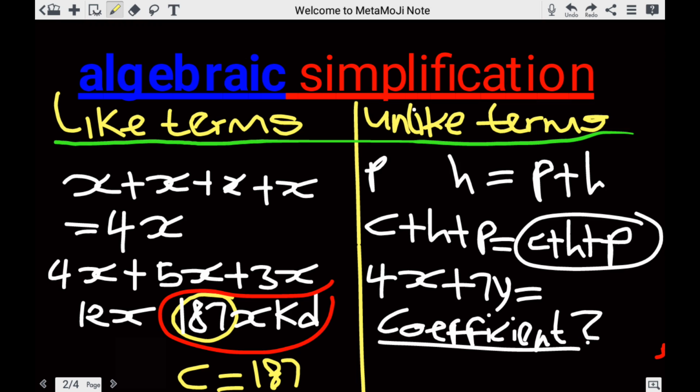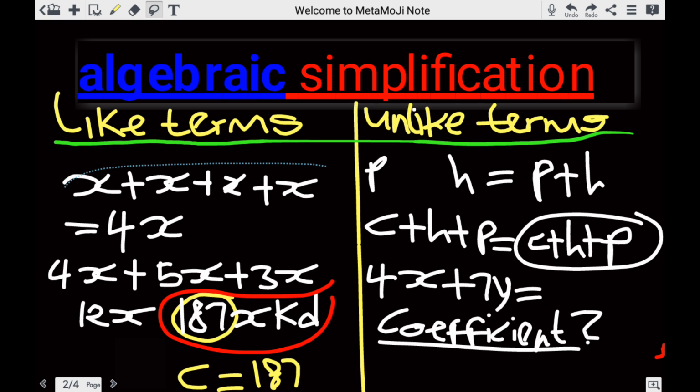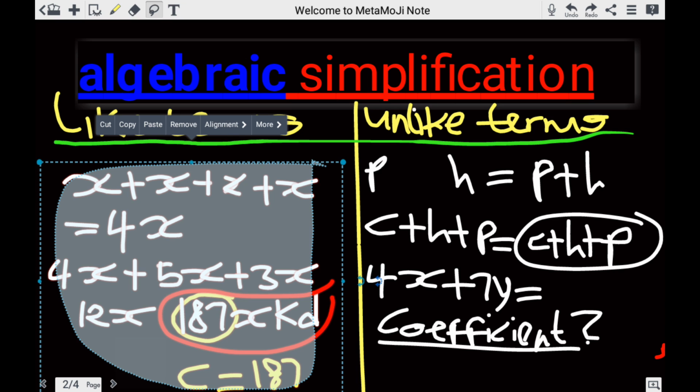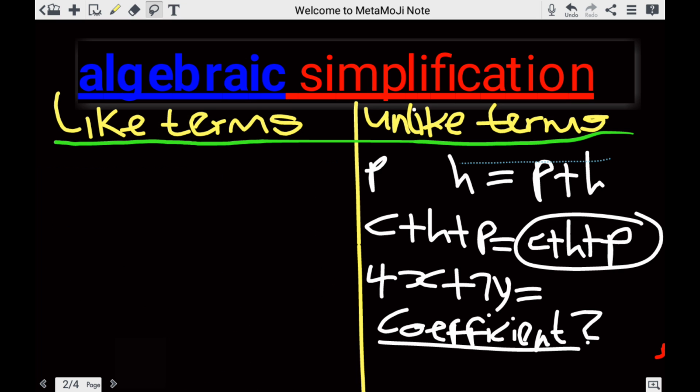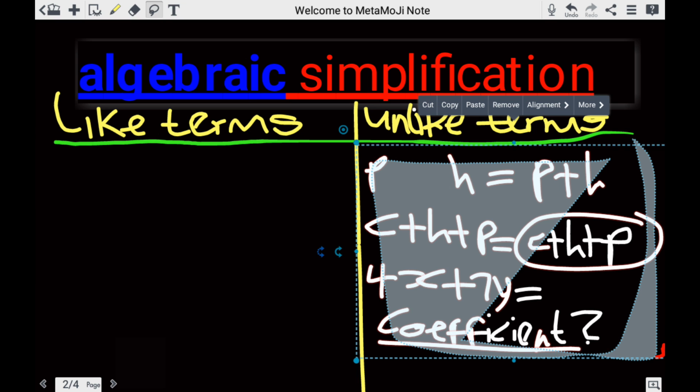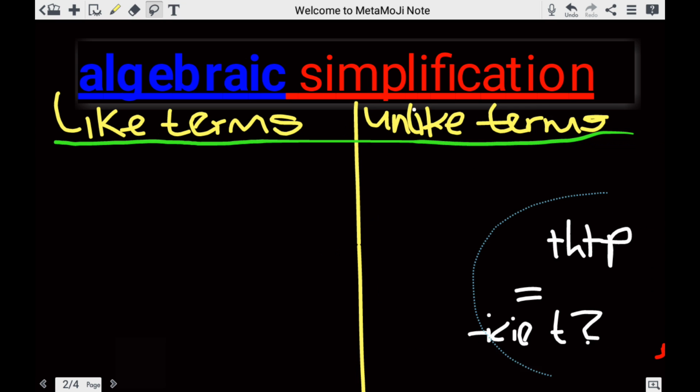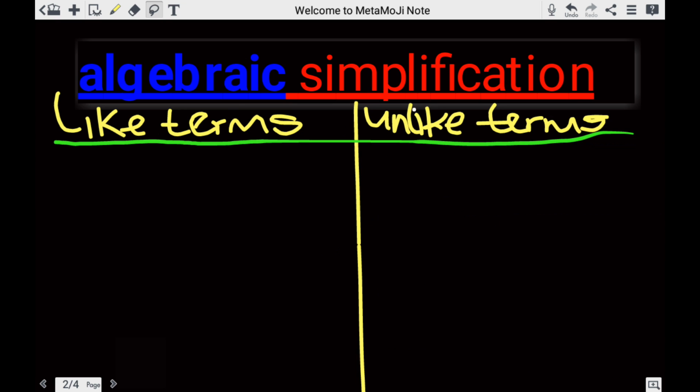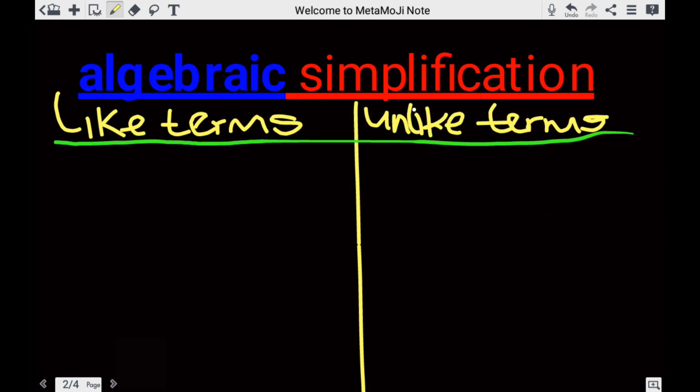So now, after we have done some review on this stuff, we can go ahead and talk about something practical. So let me remove it.